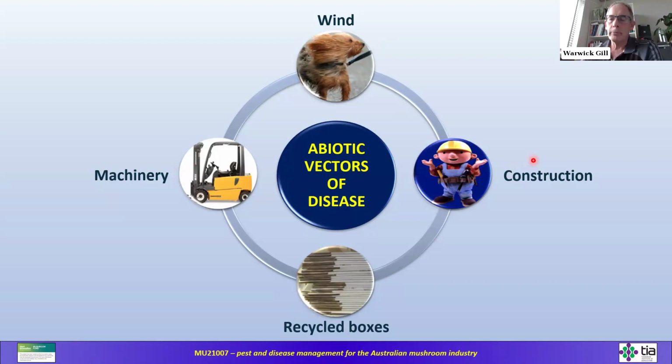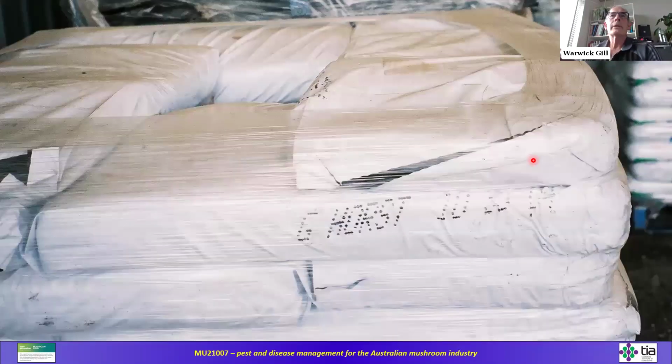So we've touched on construction briefly, but dust, which we'll explain in a further session, is a very big issue on many farms. As we can see here on the stored compost, casing, stored peat, there's a lot of dust collecting, and that is guaranteed to contain some pathogen spores and pathogen hyphal cells.